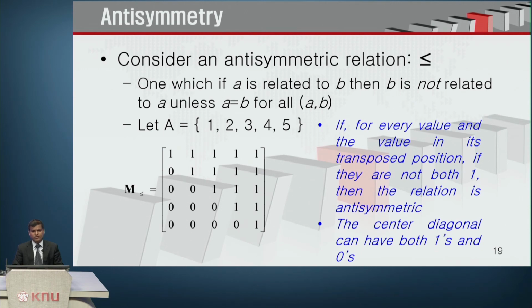For every value, the value in its transposed position, if they are not both 1, then the relation is antisymmetric. If you take the transposed position of this matrix, they are not going to be equal. So that's kind of an asymmetric property, but the diagonal elements can have both ones and zeros. In this example you have all ones there.